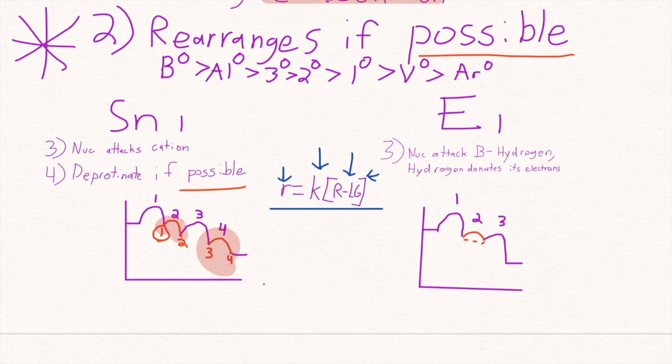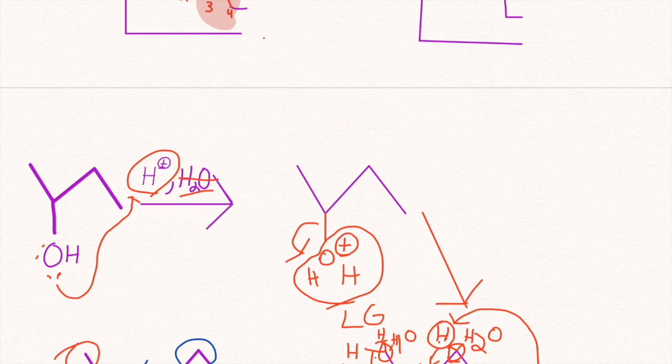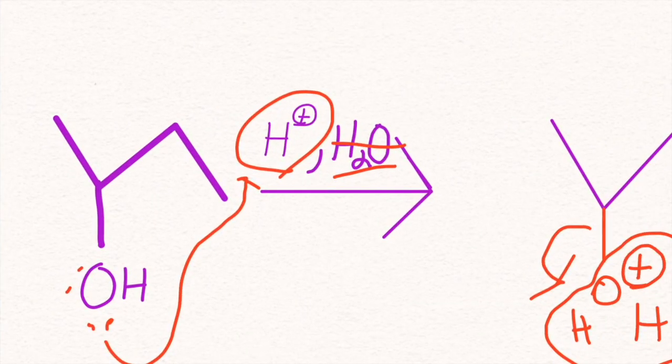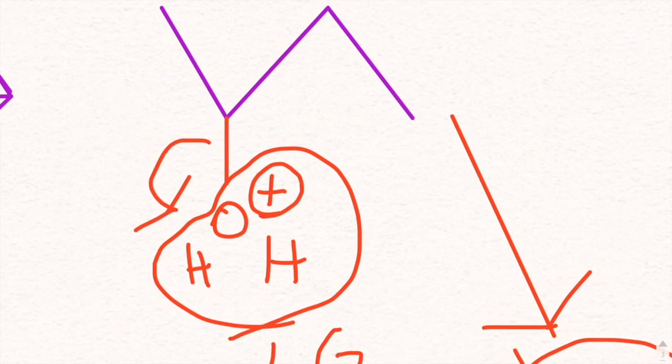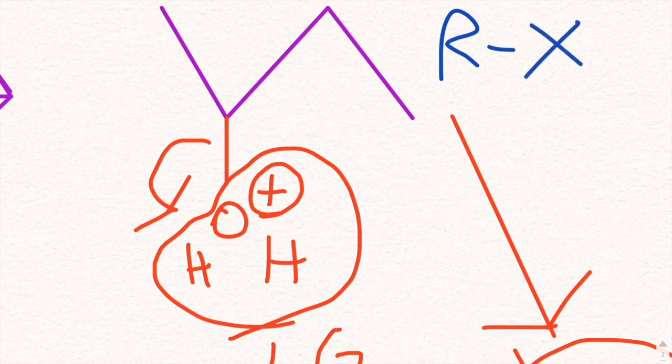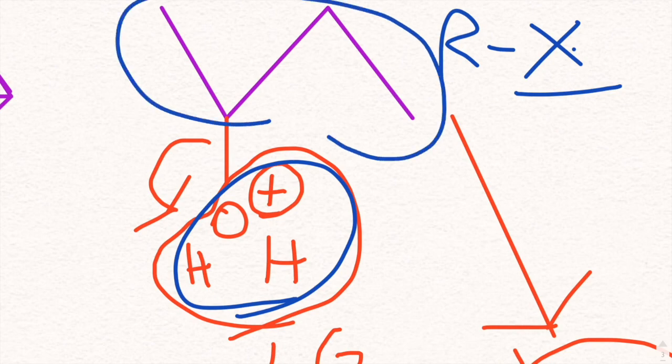So what this means is that your rate determining step, we said, was the carbocation, right? So what this means is the whole reaction depends on how much of your Rx you have. X is your leaving group, so that's this water molecule in this case, and R is all of the carbon skeleton.